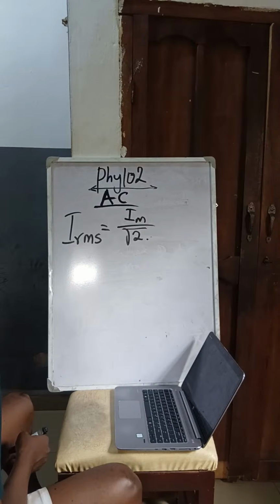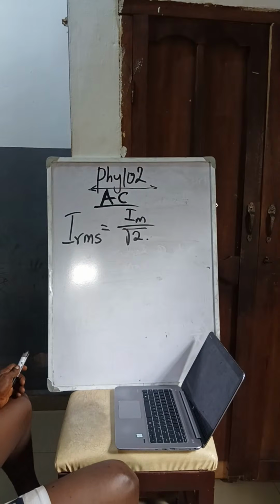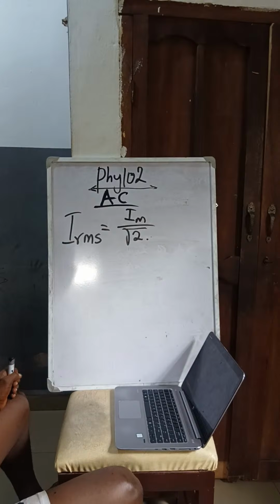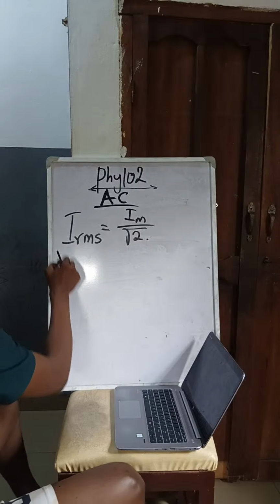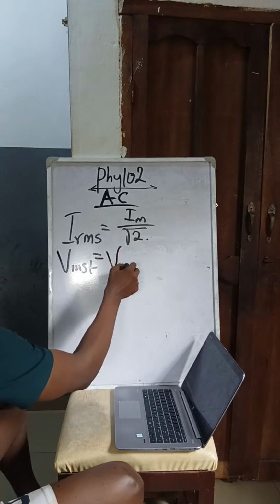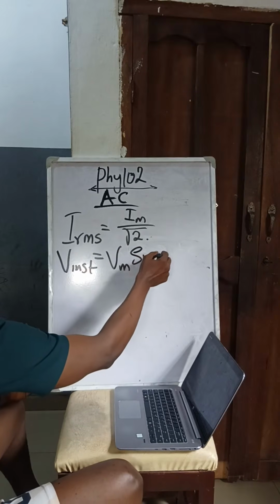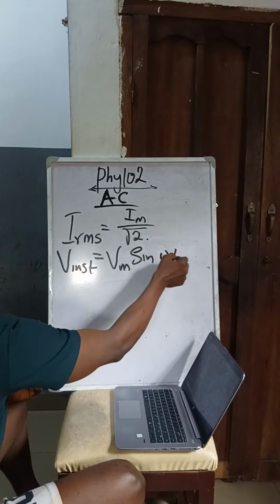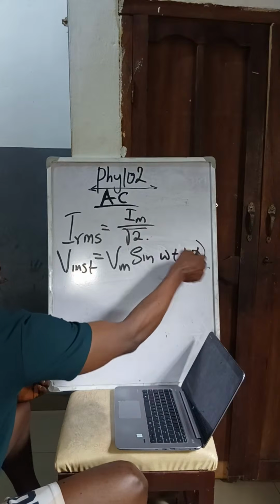Instantaneous voltage is equal to V sine omega t plus phi.